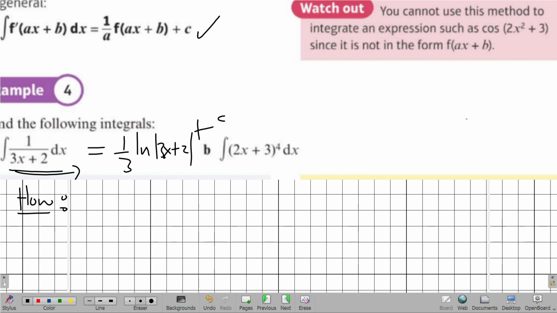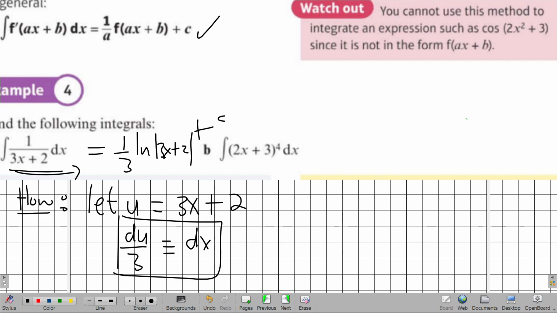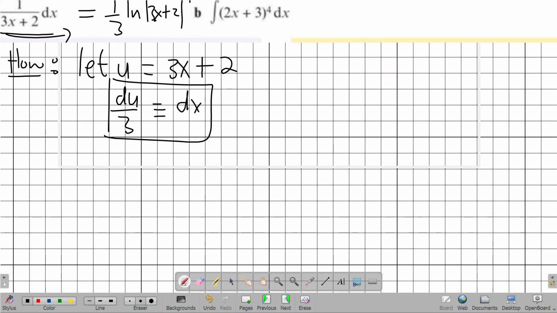So I'm going to start by saying let u be equal to 3x + 2, which means du over 3 is identically equal to dx. You can do that mathematics here and see how it goes, but this is basically the idea. So if we go back to the question, because we say let u, that means the integral of 1 over 3x + 2 dx can be changed by the substitution we've made here as the integral of 1 over u du over 3.